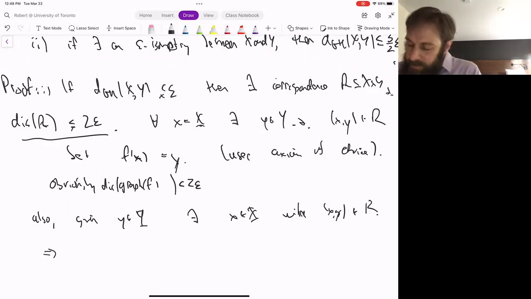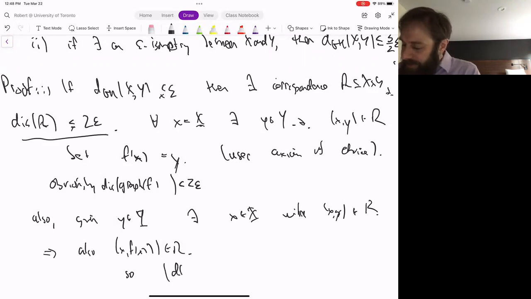Also x, f of x is in the relation. So the distance between x and y, the distance x to x minus the distance y to f of x. Let me erase something.